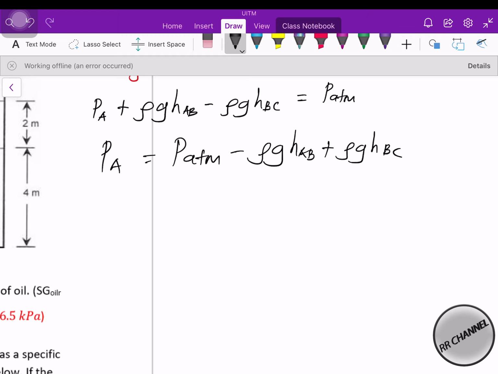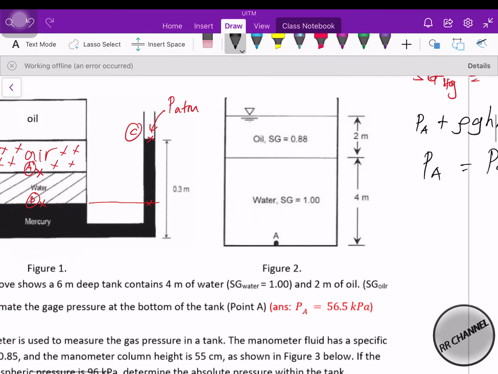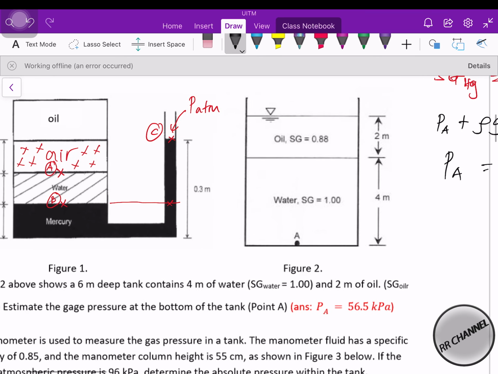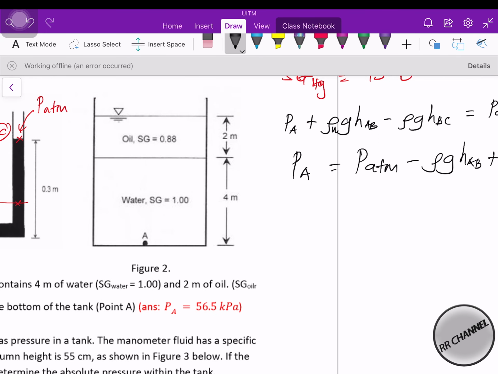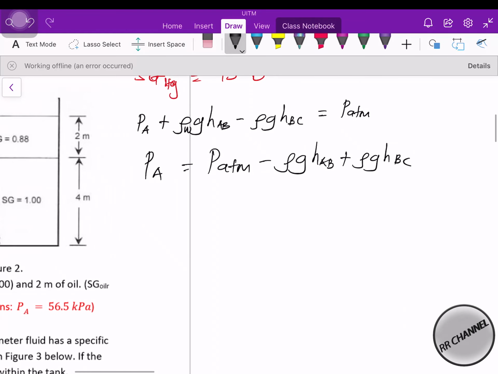Okay, for the rho, I forgot to put what the density is for each of these terms. From A to B, that is the density of water, so you put here rho of W. From point B to point C, that is the density of mercury.